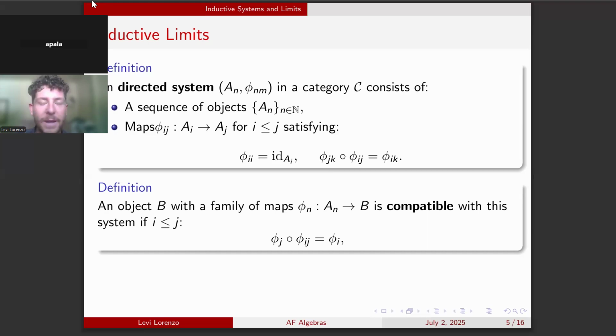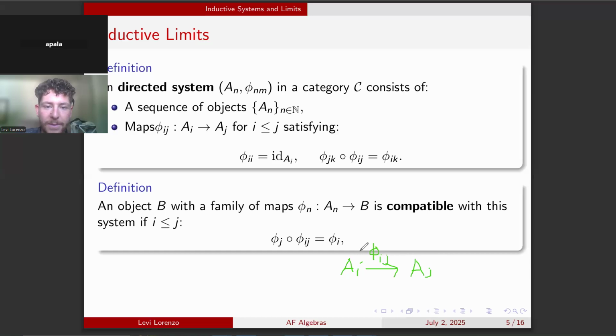Maybe I should draw a triangle here. We have A i and we have A j, and we have this map phi ij.